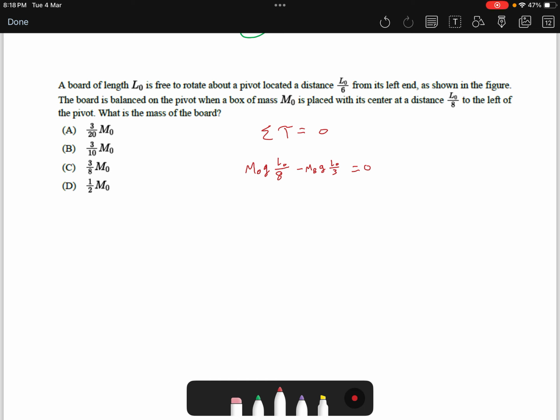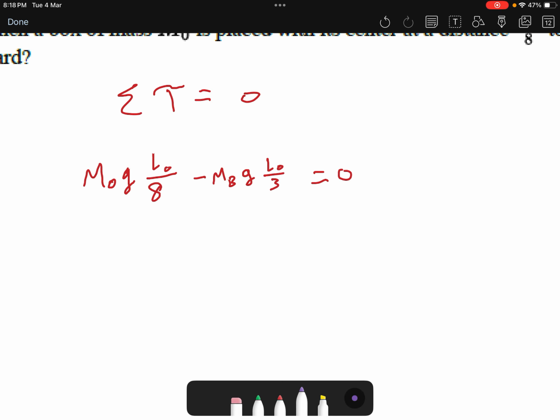That's equal to 0 since it's balanced. Now we can divide both sides by G, since this side is 0, and divide by L, it will cancel. So M0 over 8 minus MB over 3 equals 0.